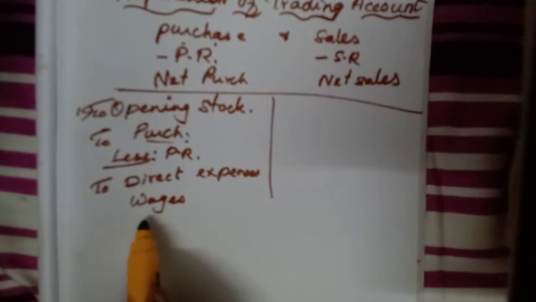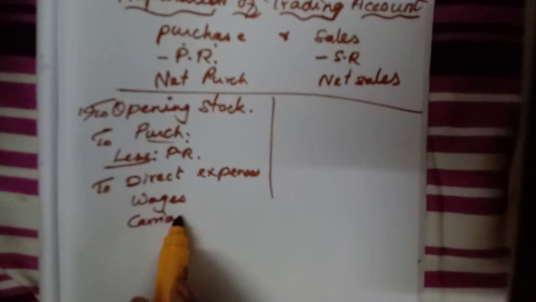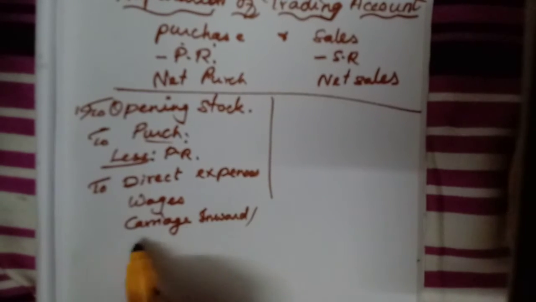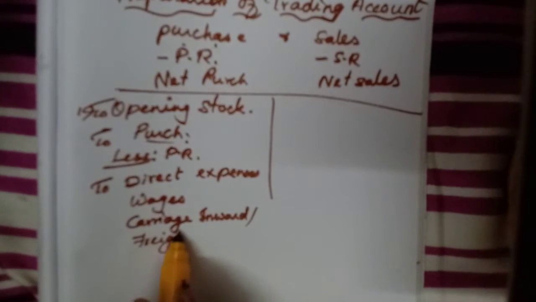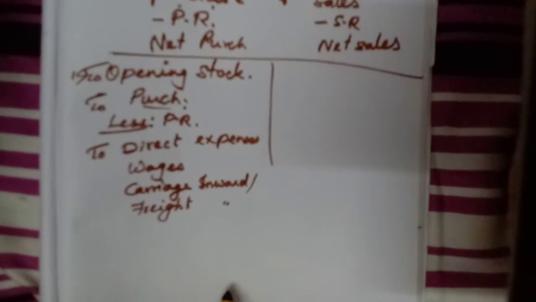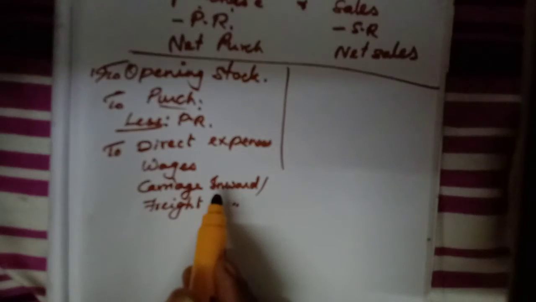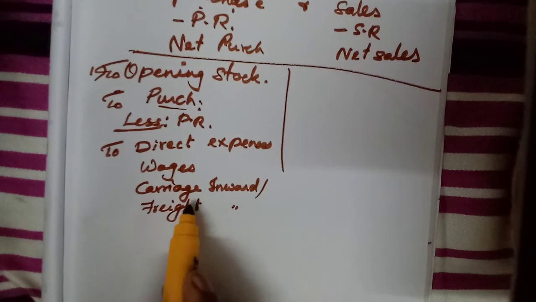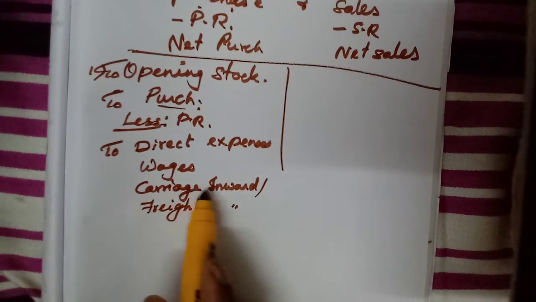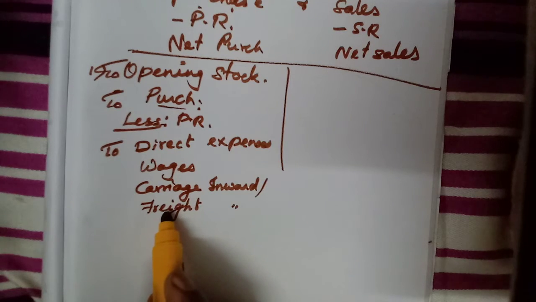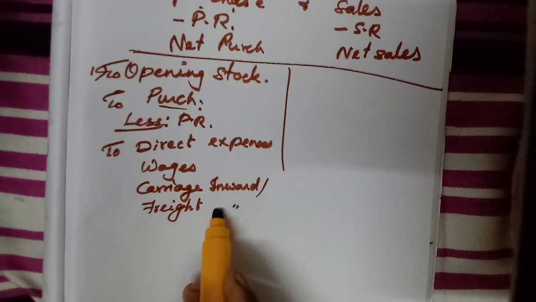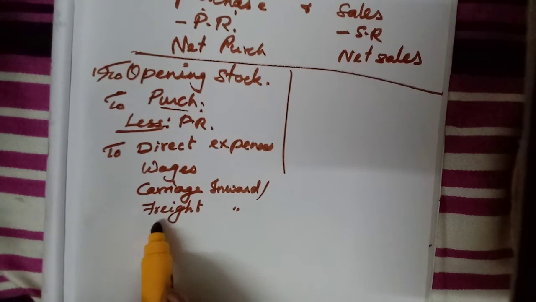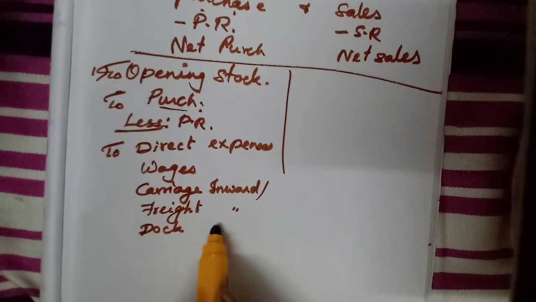Wages. Then carriage inward or freight inward. If we bring the goods in a truck, that is called carriage inward. But if we bring the goods in the train, that is called freight. Then if the goods are imported from foreign countries, some other charges, that is dock charges.